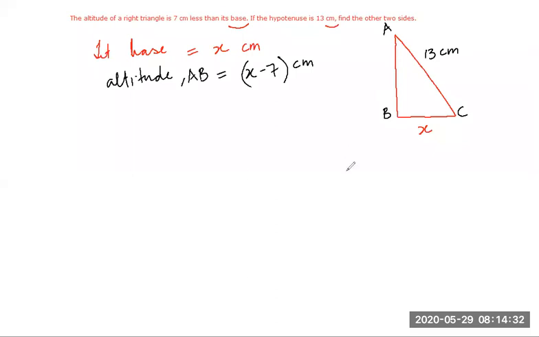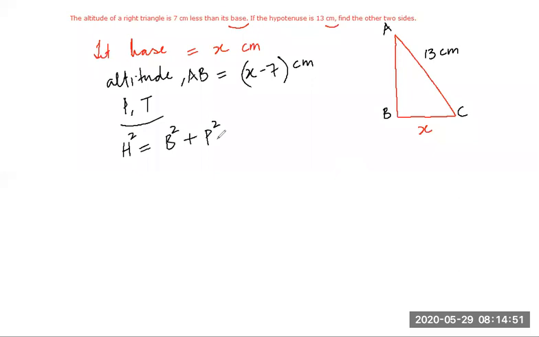So students, tell me, how can we do it? By Pythagoras theorem. Beautiful. We apply the Pythagoras theorem. What is that theorem? Hypotenuse square is equal to base square plus perpendicular square.